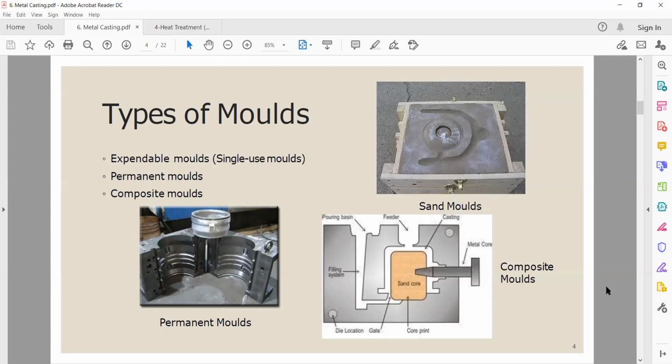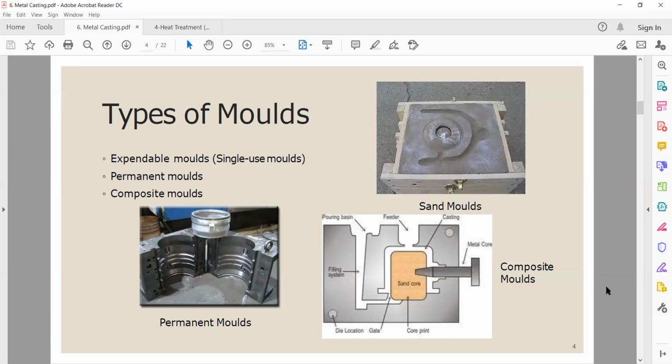So that means next time you cannot use that particular mold for your purposes, right? Then again you have to make the mold. So that is called single use molds, that means expandable mold.